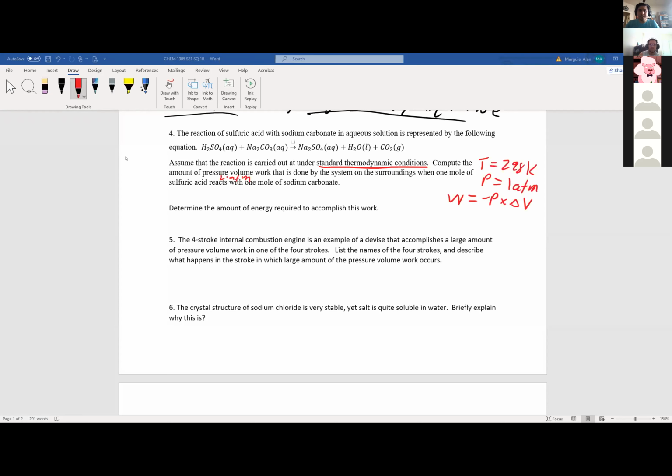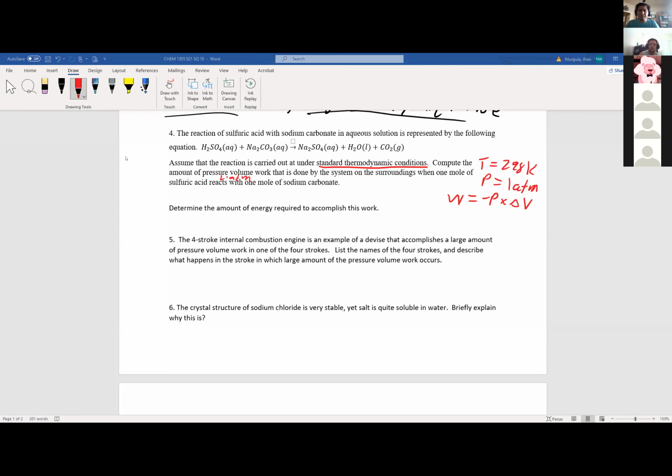We do have a pressure already, but we don't necessarily have a change of volume just yet. Jeremiah, can you help me out here while I'm looking through? I feel like I'm missing something.